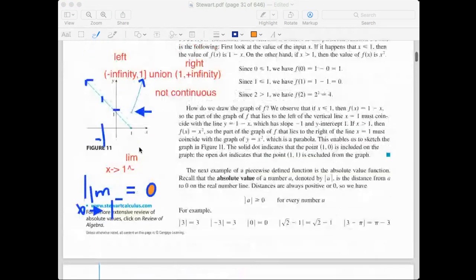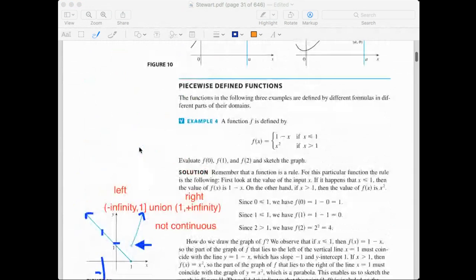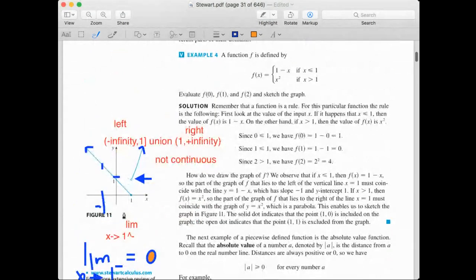Let's just go back. So continuity: we see from 1 up to -infinity, that's continuous. The function on the left domain is continuous, and the function on the right domain is continuous, but it's not continuous at 1. So we use math language precisely to describe the function. Let me use f of x to represent this function.